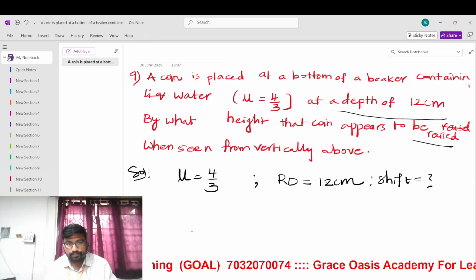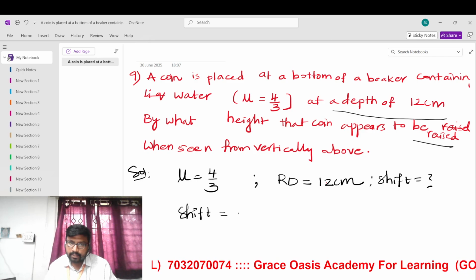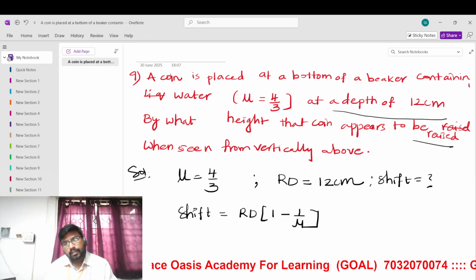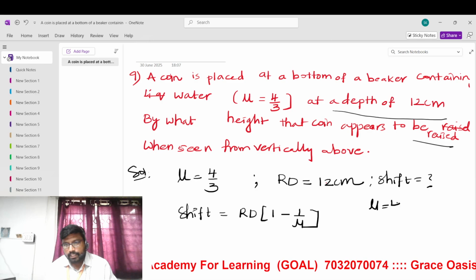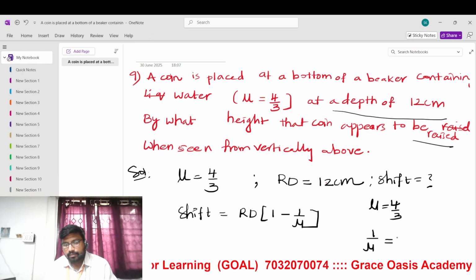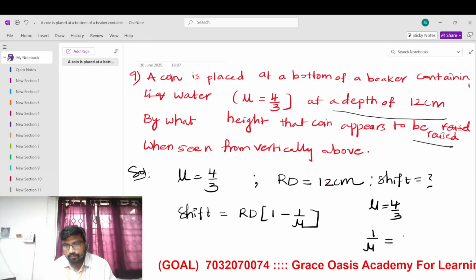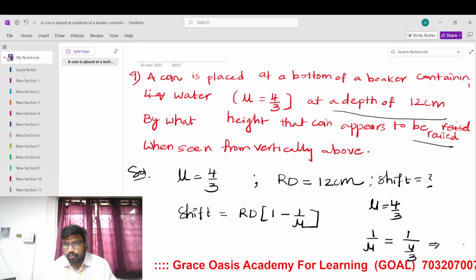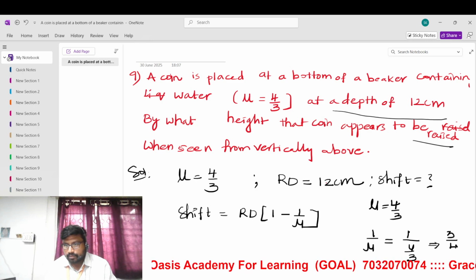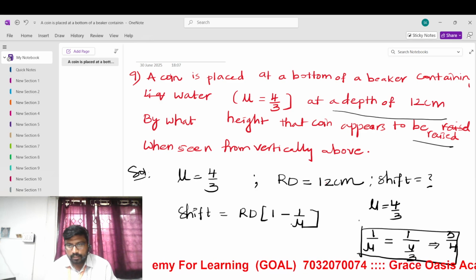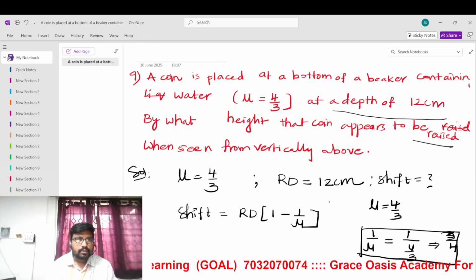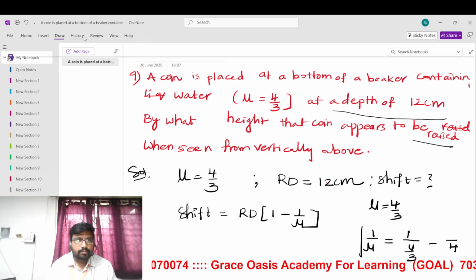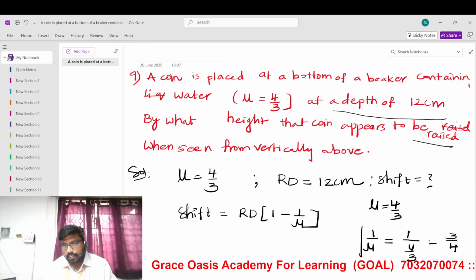So what is the formula for shift? If mu equals 4 by 3, what is the value of 1 by mu? 1 by 4 by 3 can be written by reversing it as 3 by 4.